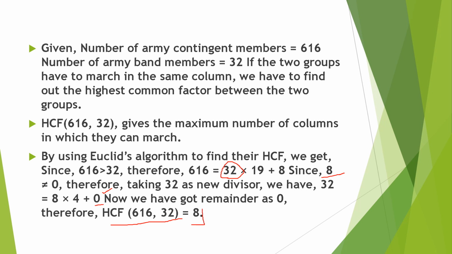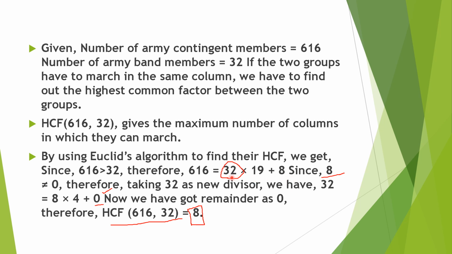Here we are going to consider the HCF, highest common factor. How to find it? The given number we are going to take, then we are going to divide with the band number. Into how many times? Till you get the remainder as 0, you are going to continue. Here the remainder is not 0. Again we are proceeding.